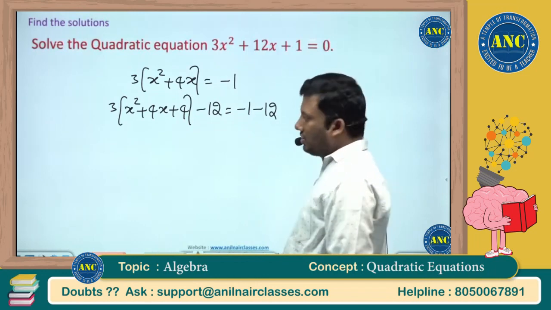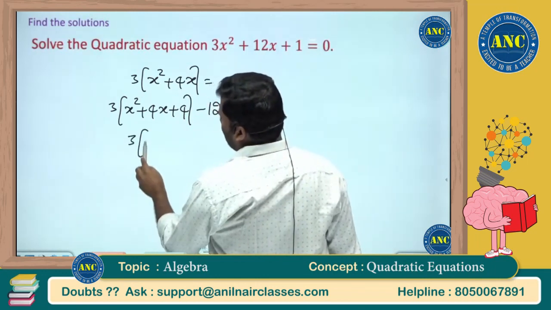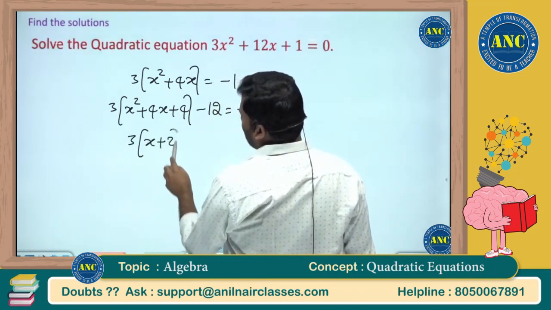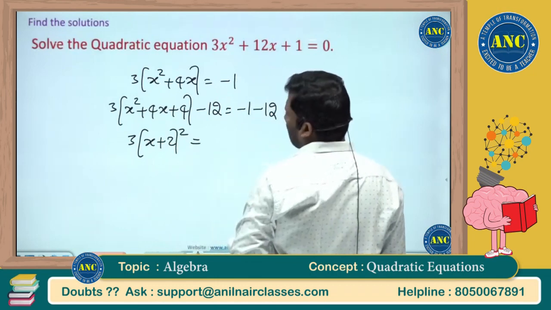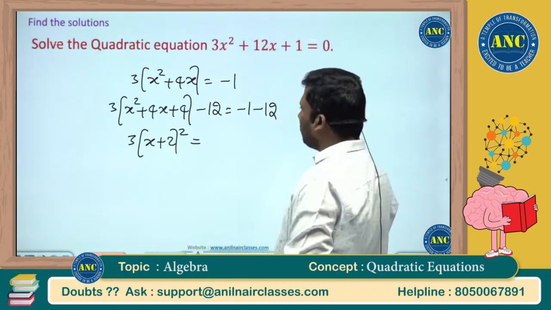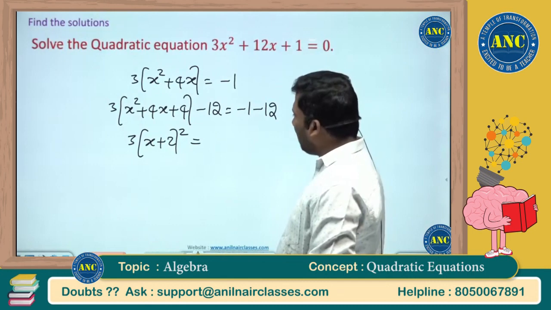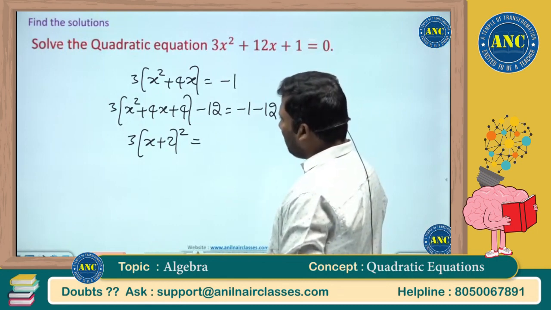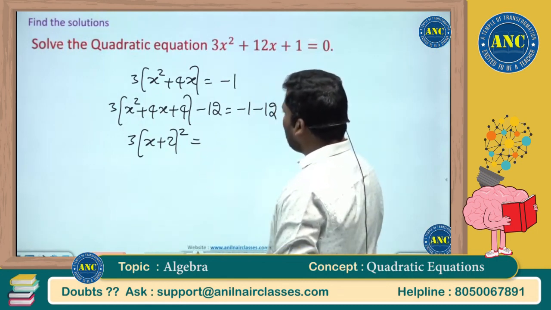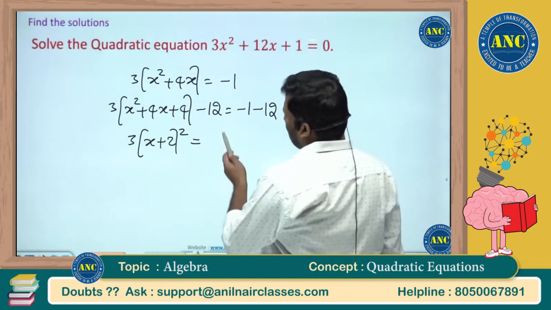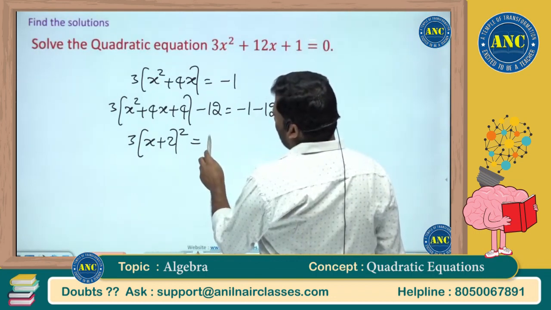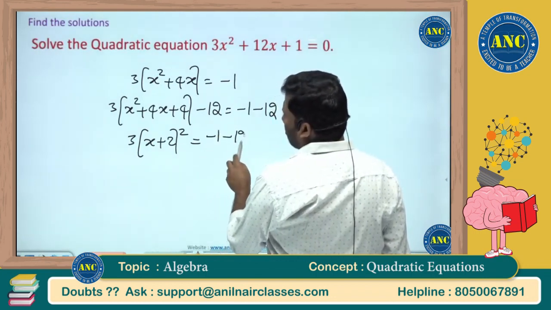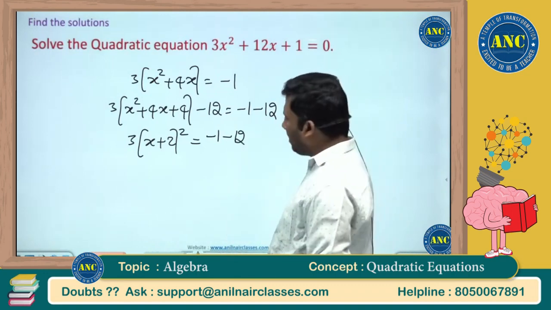So it is 3 into (x plus 2) whole square. I hope the idea is clear. 4 into 3 is 12, so how much do I have to subtract? Minus 12.